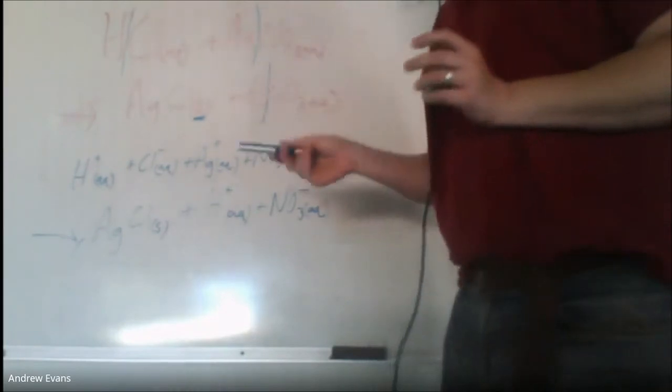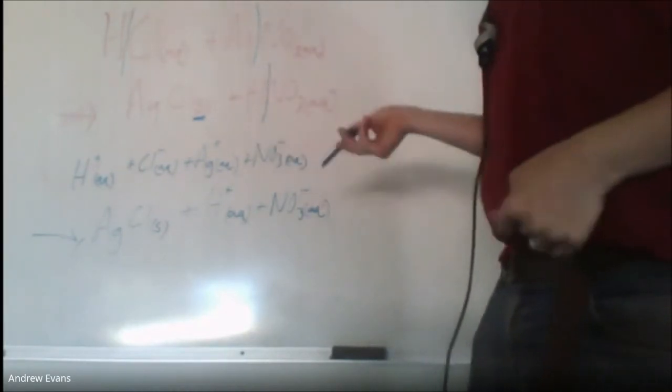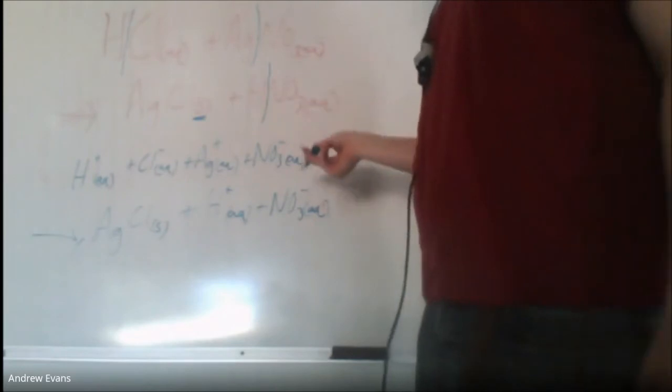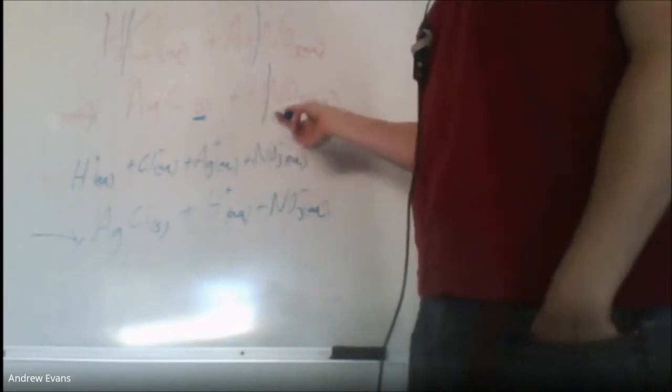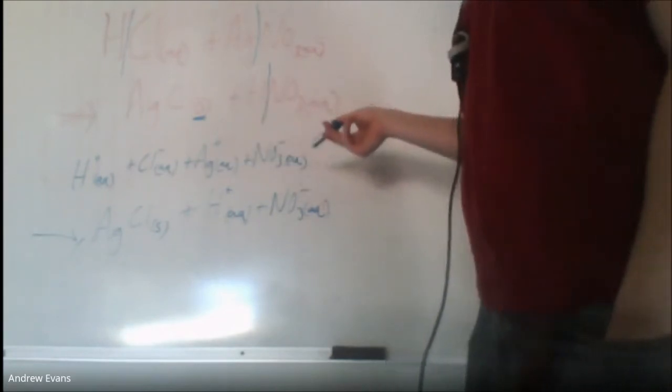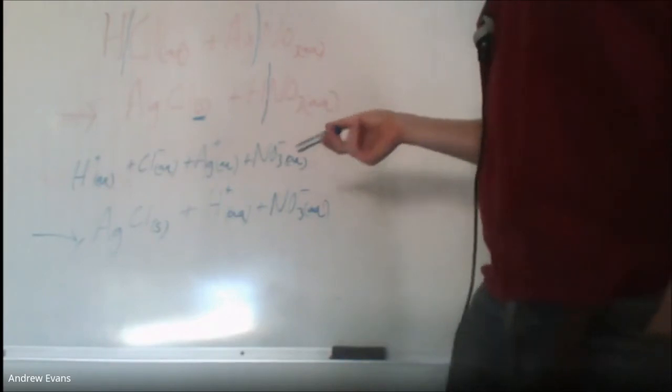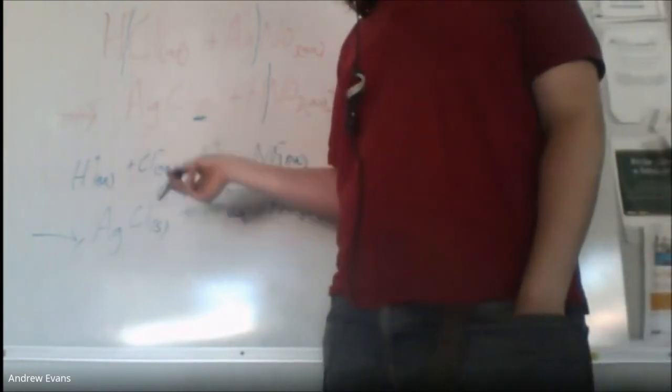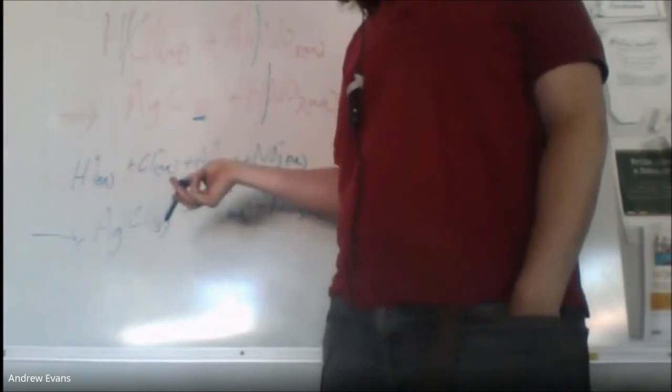So I've split apart all the aqueous things into cation-anion pairs. We have generated the total ionic equation. You would leave all solids, all liquids, all gases together.